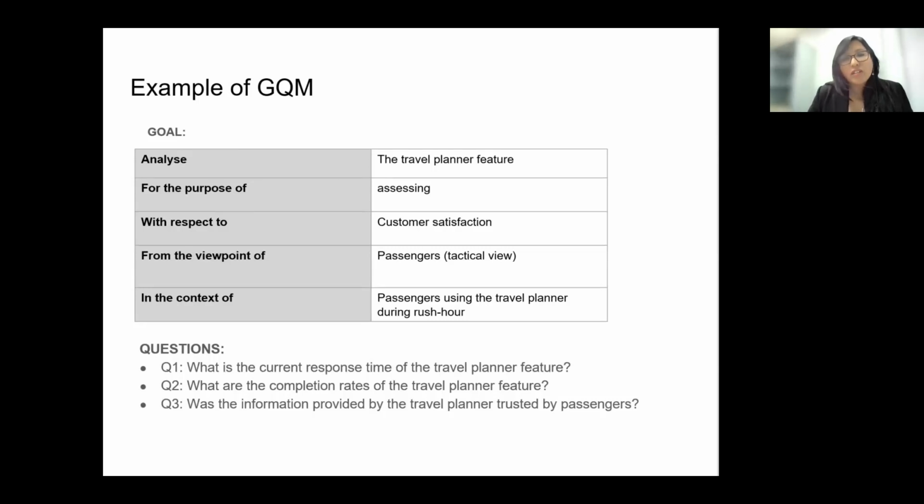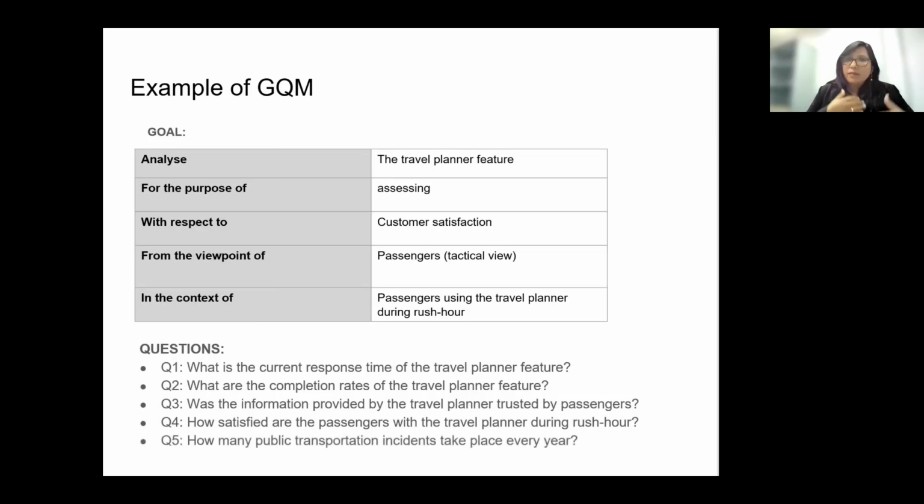In this case, satisfaction, according to the SQ model that you know, we have trust, an attribute that is defined as satisfaction. Satisfaction is defined based on trust, and that's why we have another question. We say, was the information provided by the travel planner trusted by passengers? Or another question is, how satisfied are the passengers with the travel planner during rush hour?